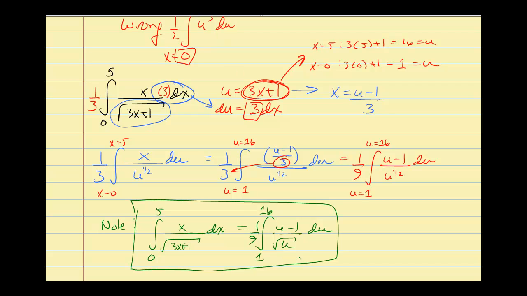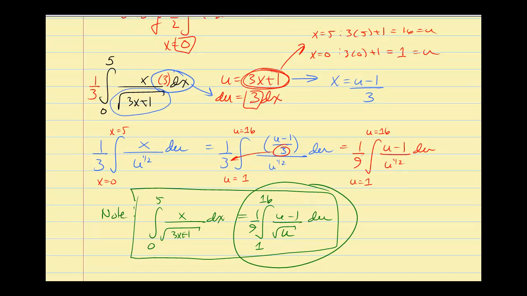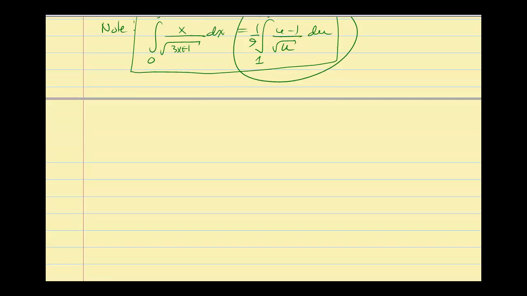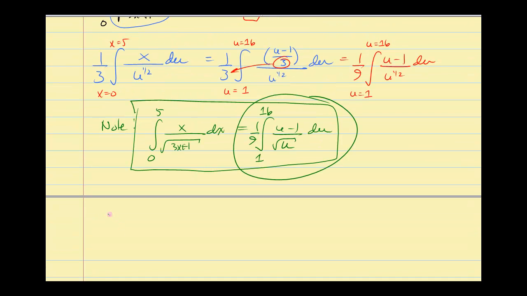So I could integrate either one of these, and what we're working toward is integrating this one. So let's go ahead and start working on that integrand. I have a 1/9 out front, integral from 1 to 16. Now the easiest way to work with this is to think about flipping this up top. If I flip that up top, it would be u minus 1 quantity, remember it has to distribute, u to the negative 1/2.